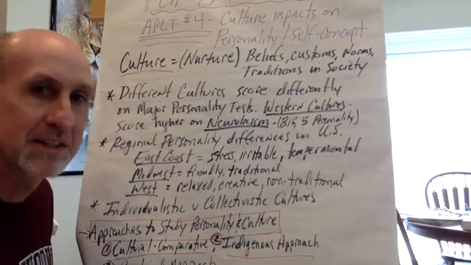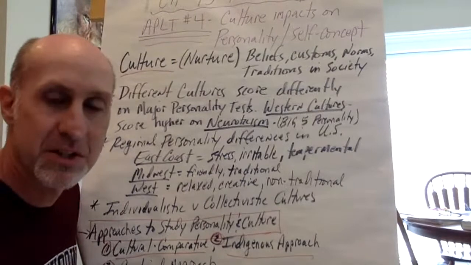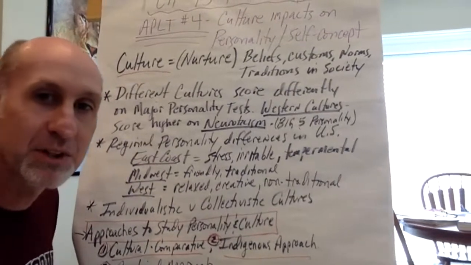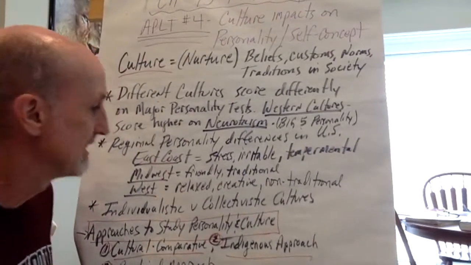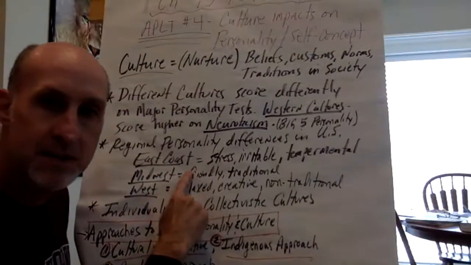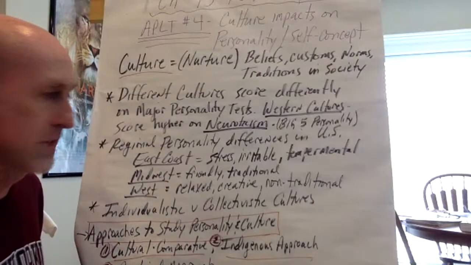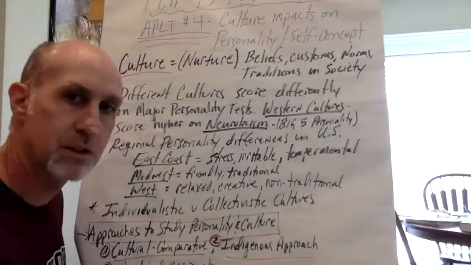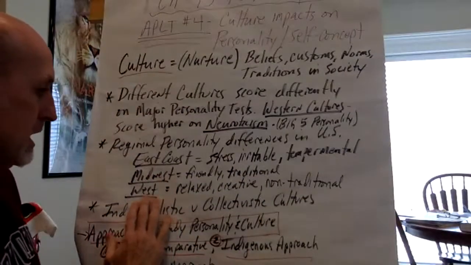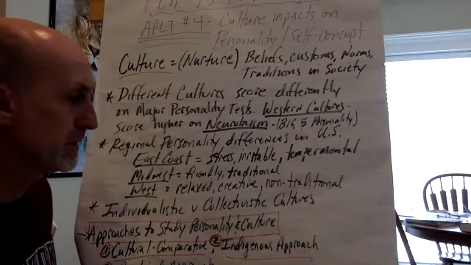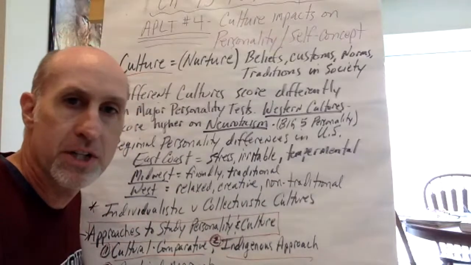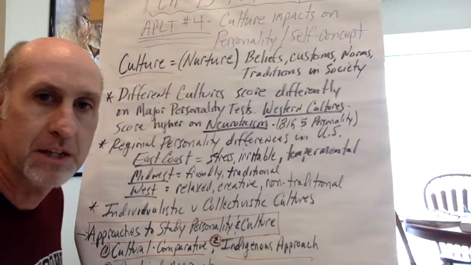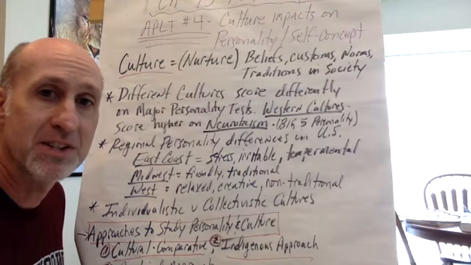So now you can kind of figure out if some of these stereotypes, depending on where you live in the United States, are actually accurate or not. The Midwest, which would be us, we score higher in friendliness and traditional values. That extends down to the South a little bit too. And then the West are more relaxed, creative, and non-traditional, which I think makes perfect sense based on stereotypes.